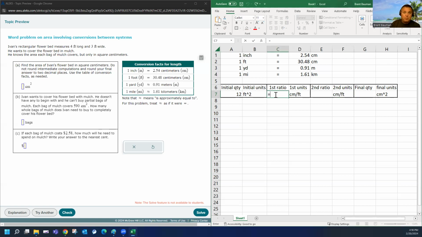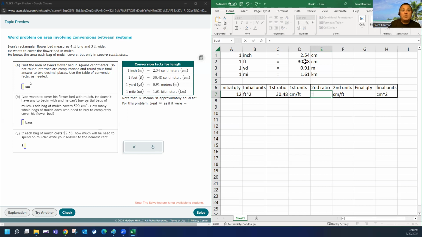And now we're going to match up the ratio with the units. So when I go up here, I want to make sure that I find the row that has feet in centimeters. I want the centimeter value at the top, and I want the feet at the bottom. So you want it set up just the same way your units are. Same idea.